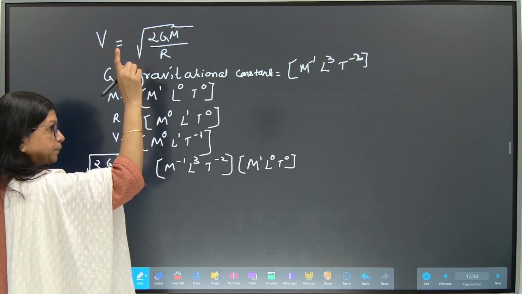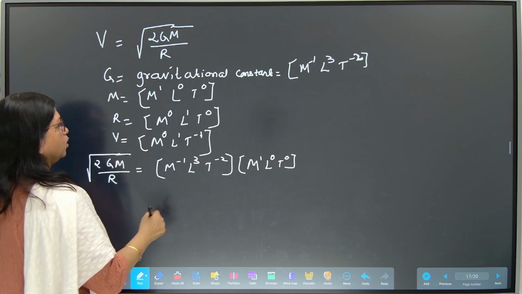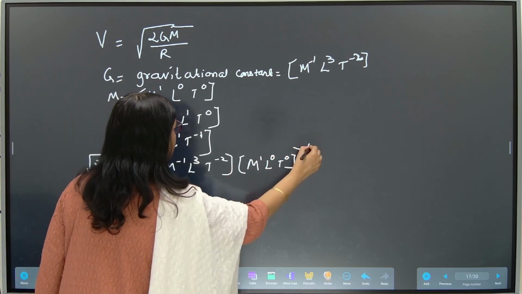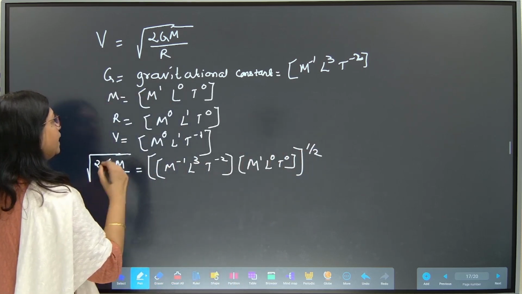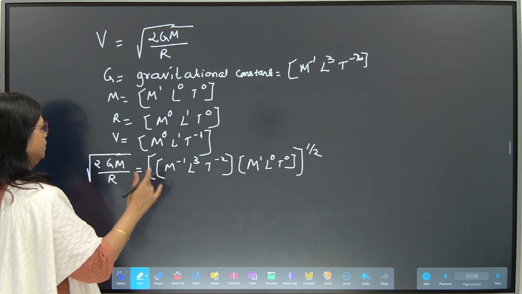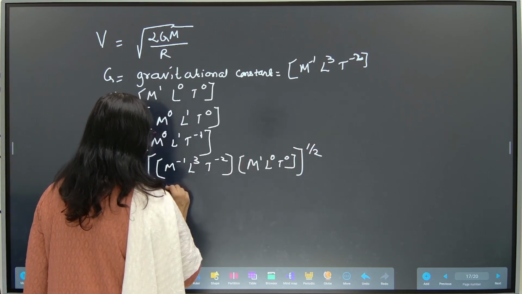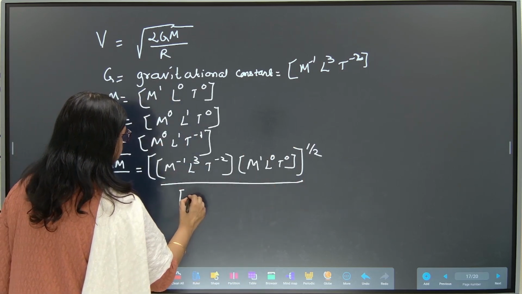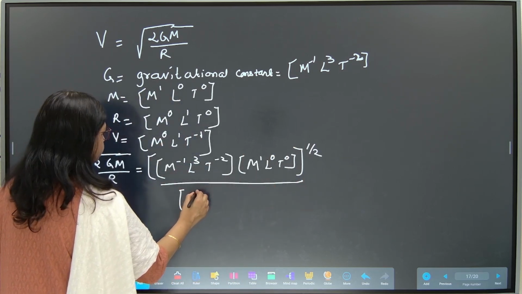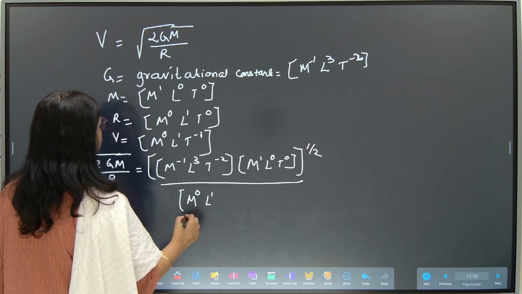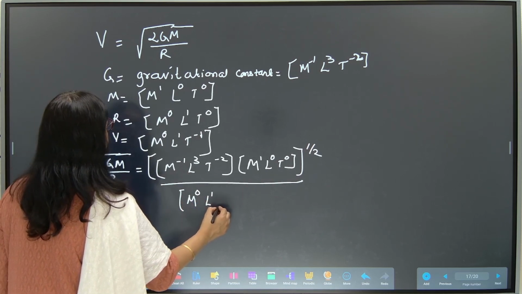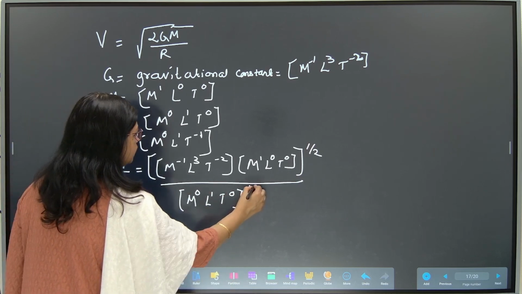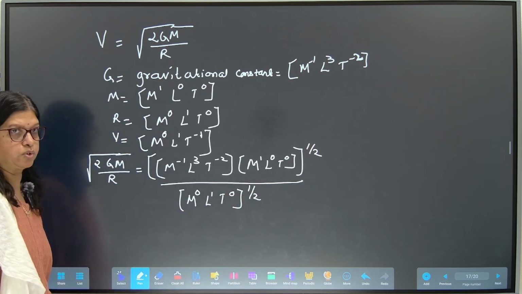Now the root is there, numerator also, denominator also, so overall I will write half. I can write it overall for both also, but for convenience we'll see what to do. Now R. R is the distance. So M raised to 0, L raised to 1, T raised to 0. Fine. I'll put a power half for this also.